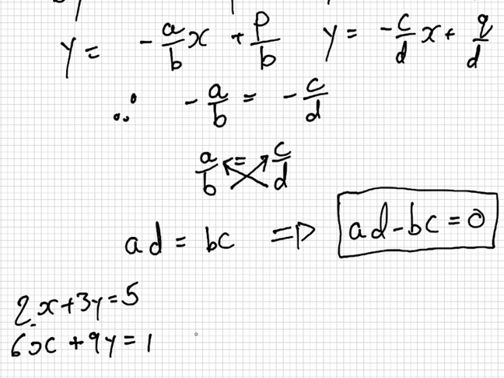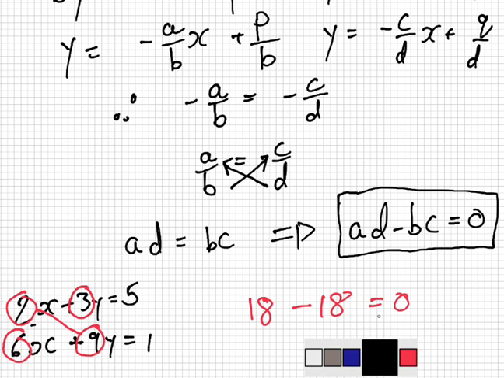I know that this has no answer because I can do this in my head. I can go A multiply D, that's 18, minus B multiply C, which is 18, and that equals 0. So I know these lines are parallel. I know they have no inverse. So this is important because it gives us a way to check if there's an answer or no answer before we start. Okay? I'm going to do the next part now.